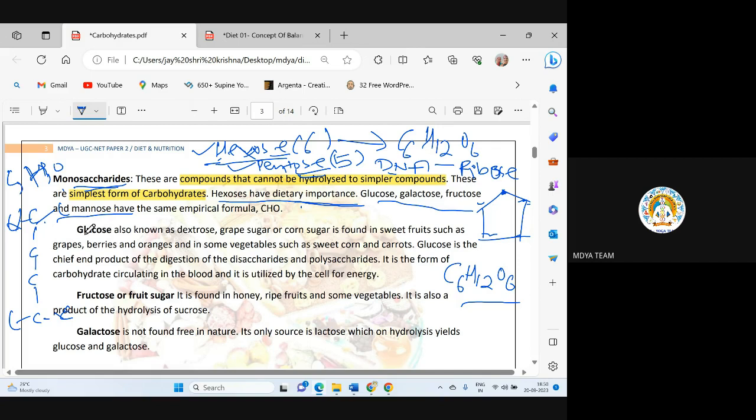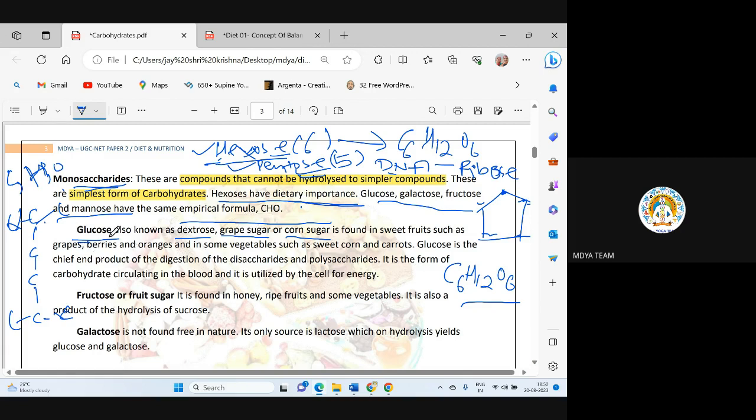So first one is glucose. Glucose is also known as dextrose. Dextrose is another name of glucose, and you have to remember it. Glucose is also known as grape sugar because in grapes glucose is present. Glucose is also known as corn sugar. You have to remember these names because UGC can ask questions on these names.